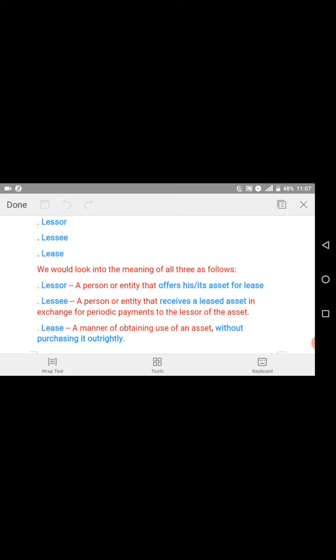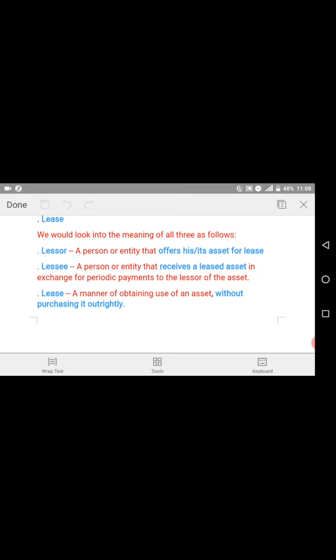Important keywords have been highlighted in blue for us to quickly jot down, because I know that the lectures might be too fast to some people. That's the definition of the lease.